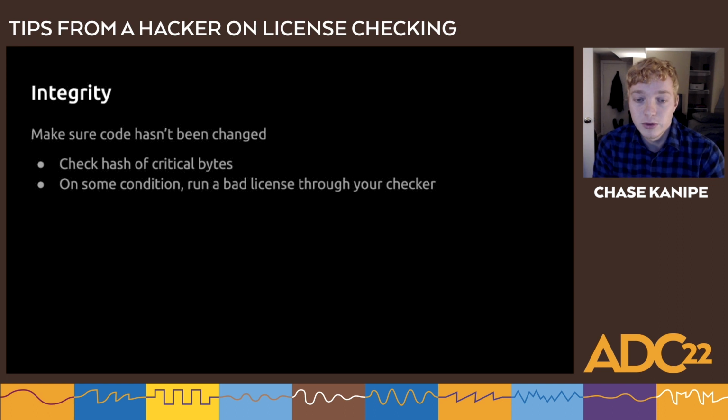And so there are simpler alternatives, like on some condition running a bad license through your license checking function. If the bad license succeeds, then you know that probably the cracker altered this function in some way to make sure that it succeeded even with bad licenses. And you can also do simple things like check the hash of the entire binary or something like that.